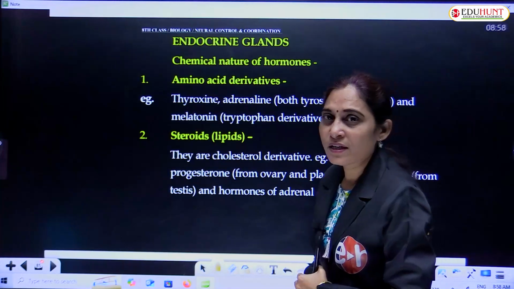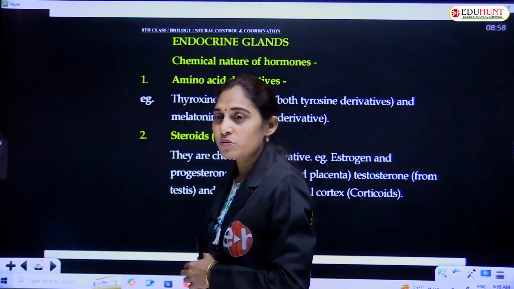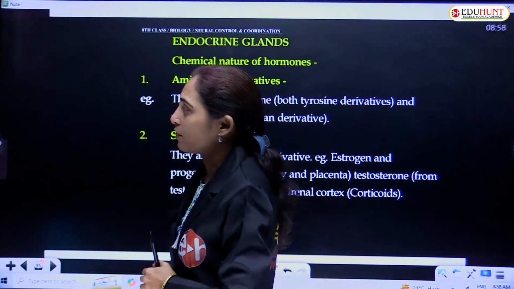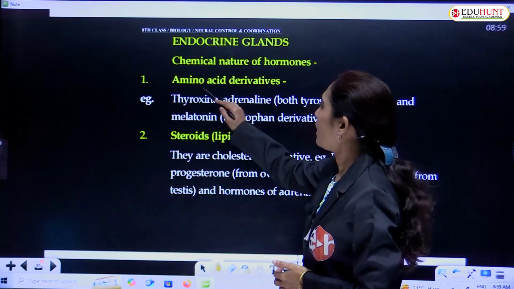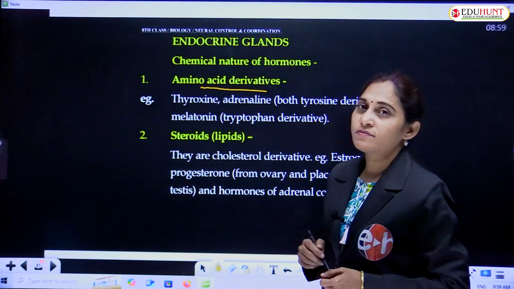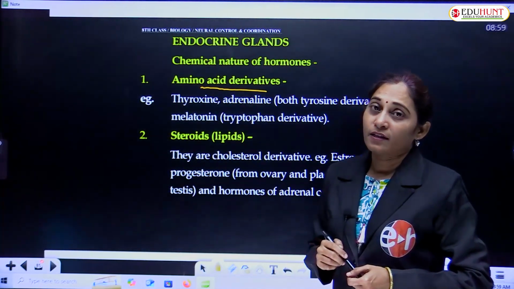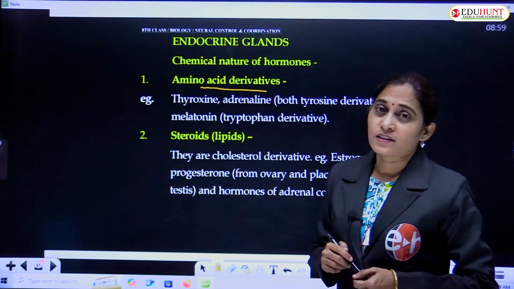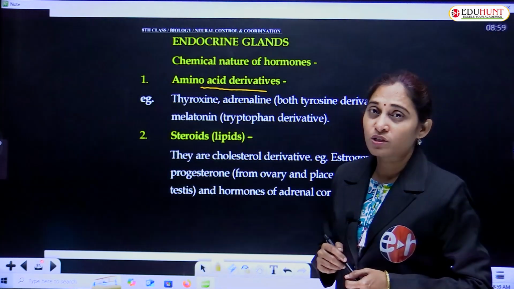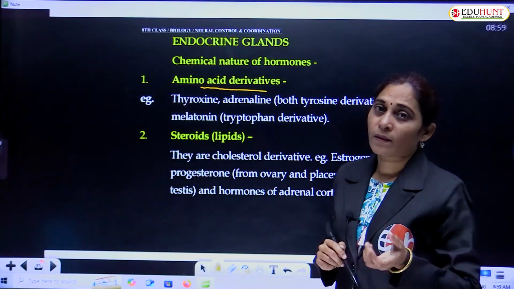Based on the chemical nature, hormones are categorized into amino acid derivatives, where the amino acids are the main composition of the hormone.